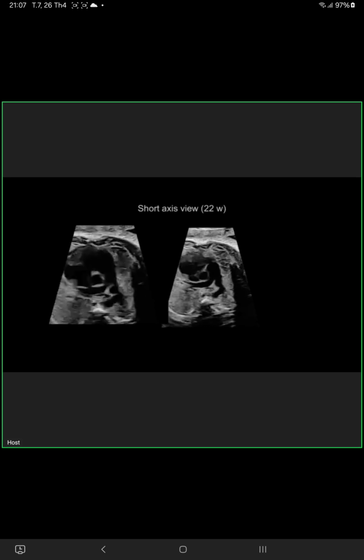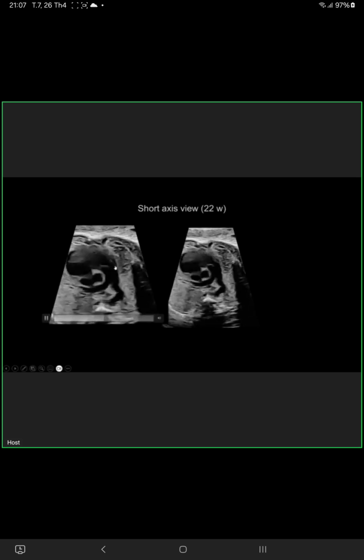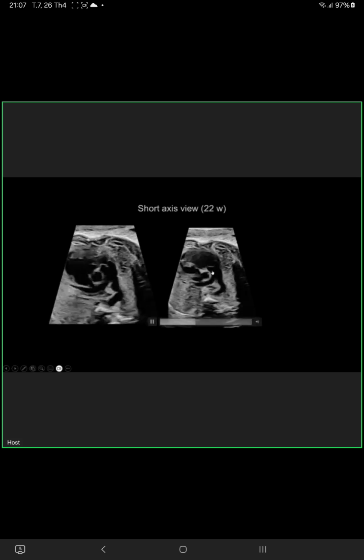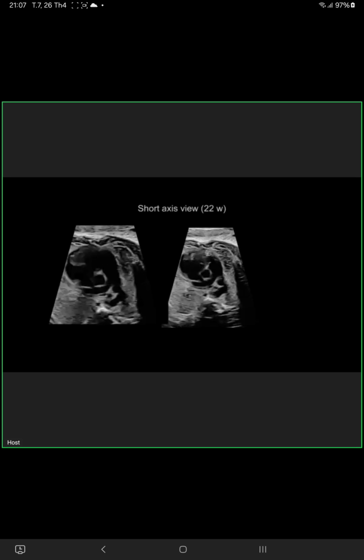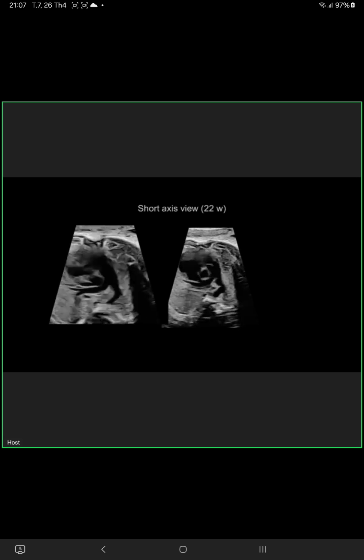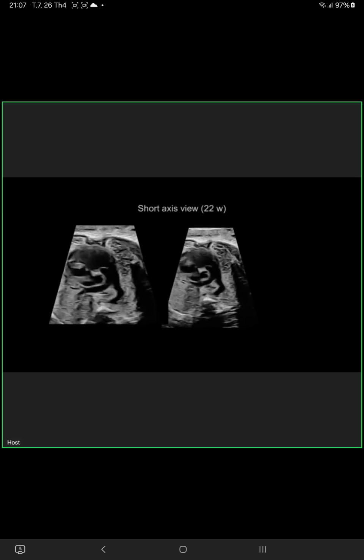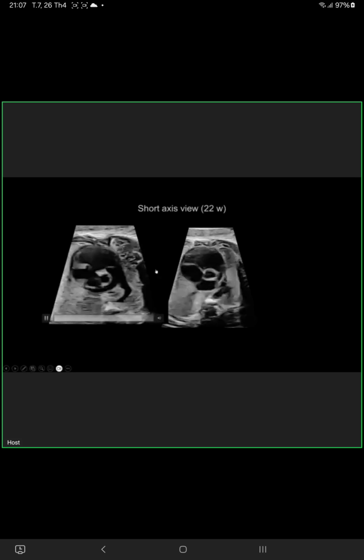The short axis at 22 weeks: normal valve, the same in slow motion, normal opening and closing of leaflets, main pulmonic artery, left, right, and ductus.